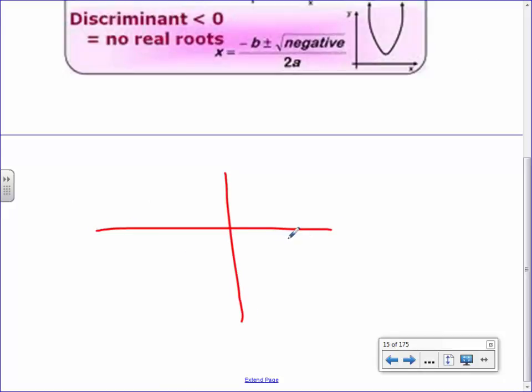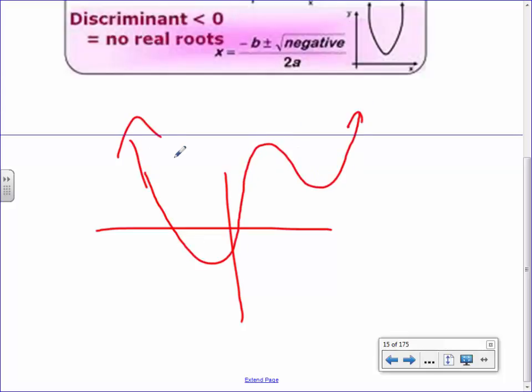I'm going to draw a quartic graph. It's going to look like this. You kind of pick up that it's quartic because it flips around 1, 2, 3 times. It gives away that it's a quartic. This will be x to the power of 4. But really what ends up happening is this guy right here provides you, say, an x plus 1. This guy right here provides you an x minus 2.